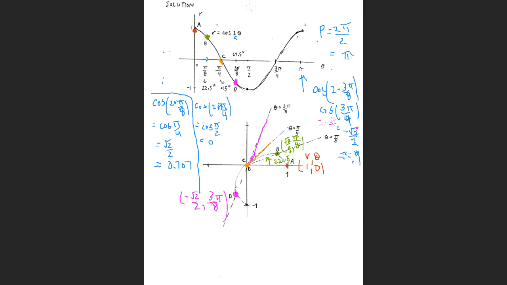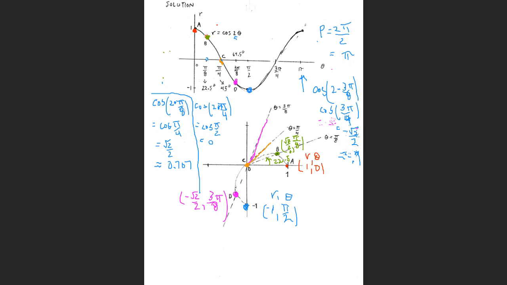And if you look in the direction of 90 degrees and move backwards 1, you end up at this point here. This is negative 1, pi over 2. There's another polar coordinate. So you see how this works?